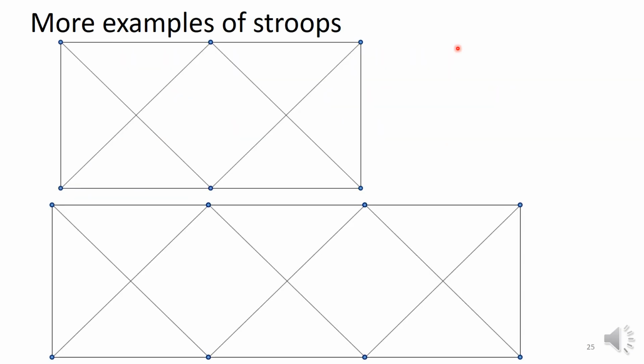More examples of Stroops. These are also minimally indeterminate. Remove any one member from this structure here and you'll get a determinate structure. This is also a Stroop, and of course you can see the pattern here and extend it further.